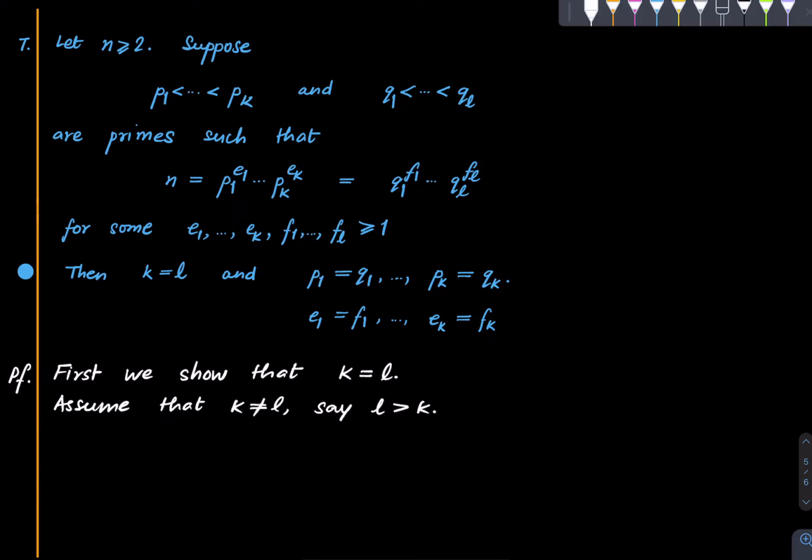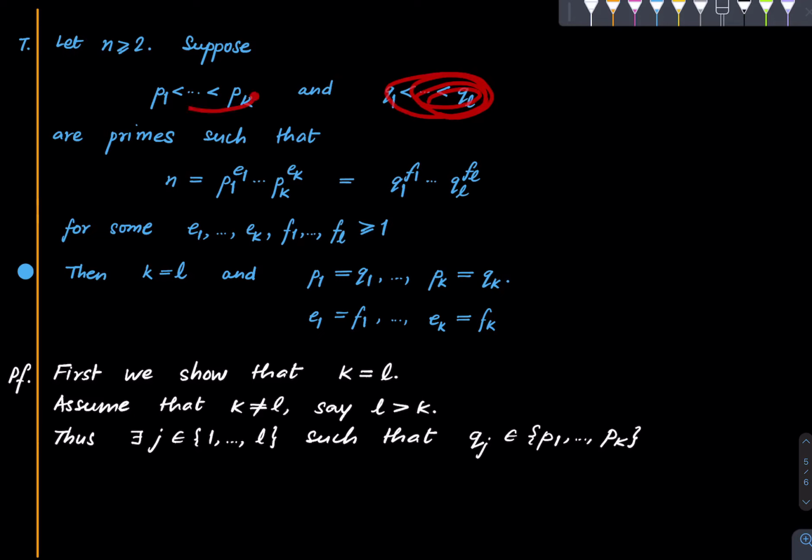So if l is greater than k, then there is something here which does not appear here. So basically, thus, there is some index j in 1 up to l such that qj does not appear in the list of p1 up to pk. So this is just a complicated way of saying that there is something here that does not appear here, simply because there are more things here. l is greater than k means there are more things here.